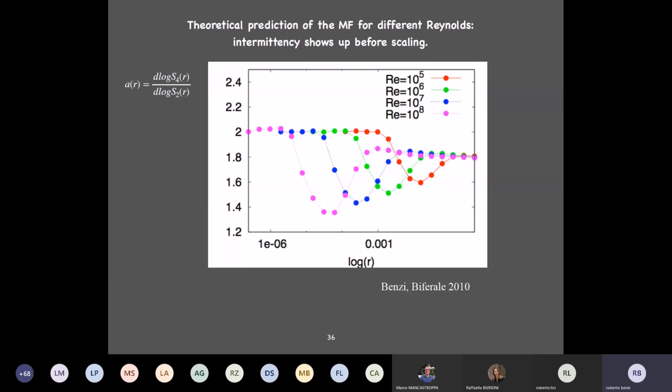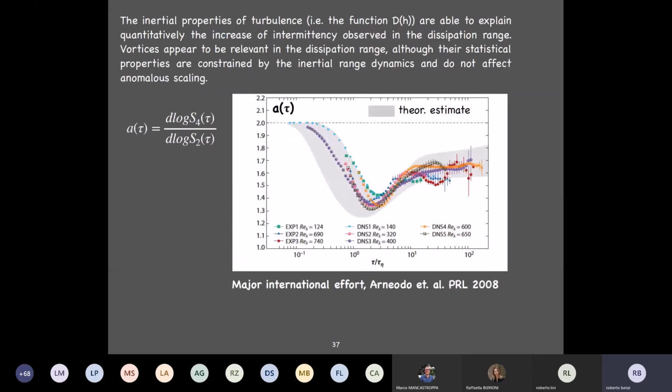Now, if you look at the comparison against the real experiment, within the error bar that we can estimate from experiment, numerical simulation and theory, you see that all the data that we have been able to obtain are well within the theoretical prediction.